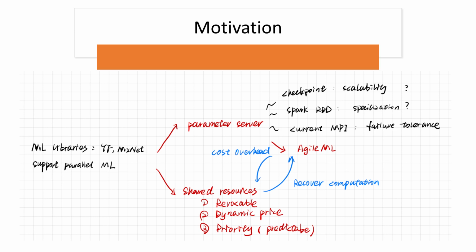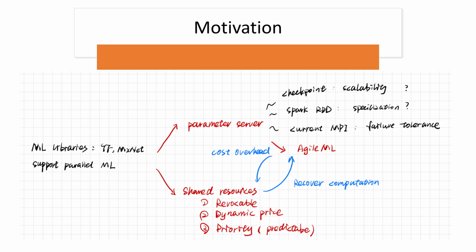There are also some other strategies or approaches, for example the current MPI, but this one cannot deal with failure, so it is not fault tolerant. So there is a need for new strategies like AgileML, which can dynamically scale up and at the same time efficiently store and recover temporary results.